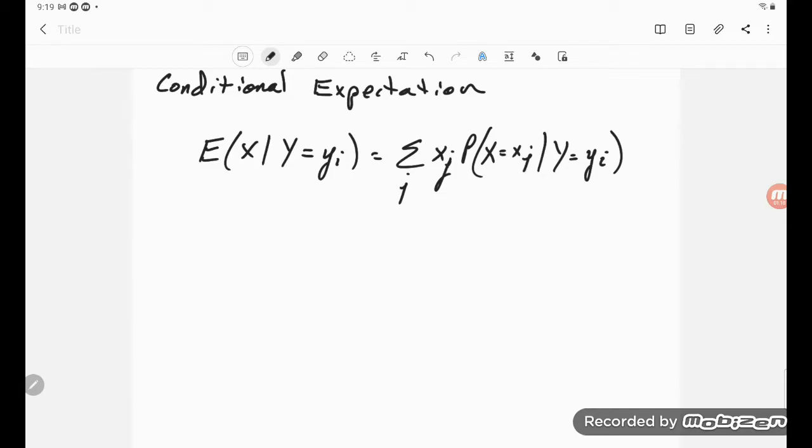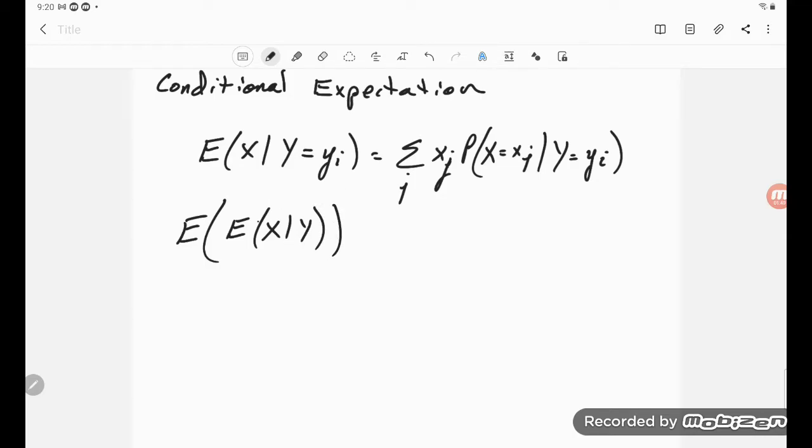We can use that if we look at the expected value of the expected value of x given y.